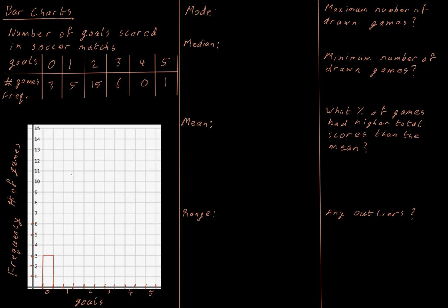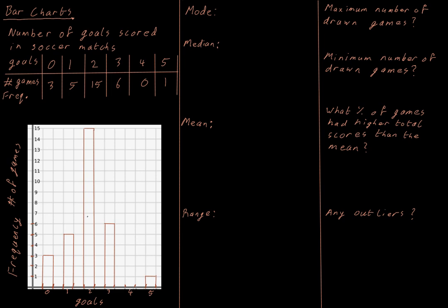So now we're going to fill in the rest of this. I have to go up to 5 for my next group. So 5 times I got 1 goal. So I need to go up that high. So that is my box drawn in for having 1 goal. That happened 5 times, so my bar goes 5 high. I'm going to fill in the rest of them now.